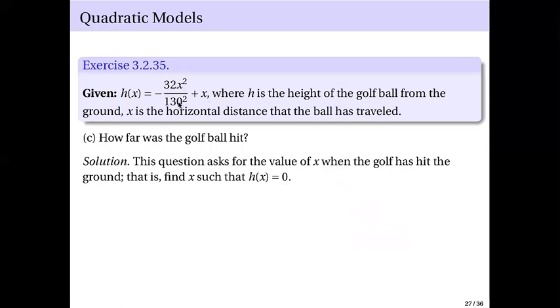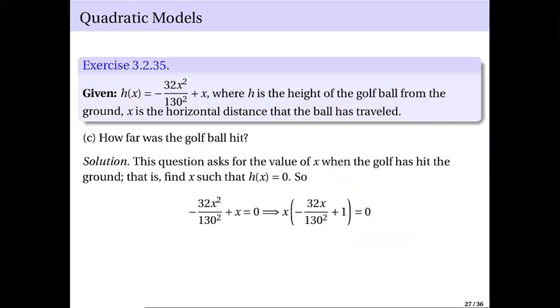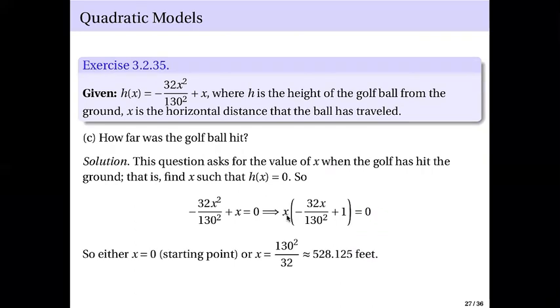So we have this equation: negative 32x squared over 130 squared plus x equals 0. If we factor x, we have negative 32x over 130 squared plus 1 equals 0. So you will be able to see x equals 0 from here. That's your starting point. And the other solution is x equals 130 squared over 32, roughly 528.125 feet.